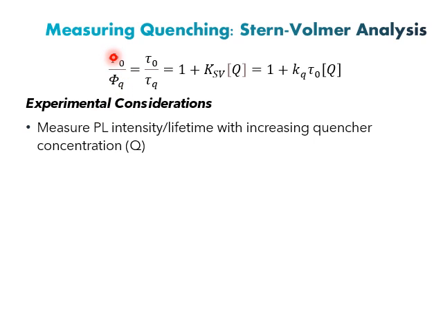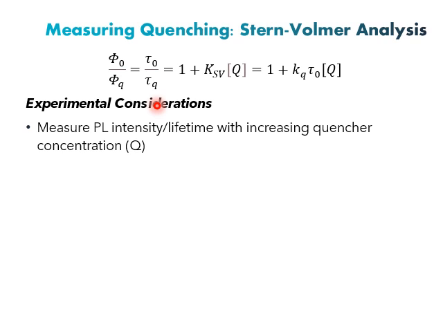Technically it's the quantum yield, but you can do it with intensity as long as you keep the instrument settings identical through the whole measurement. Remember we talked about last time that the observed intensity depends on a lot of factors. As long as you control those factors, you don't necessarily need to measure quantum yield every time. You can just use the integrated or peak intensity. And then you can also measure the lifetime. You do those measurements as you increase the concentration of the quencher molecule.